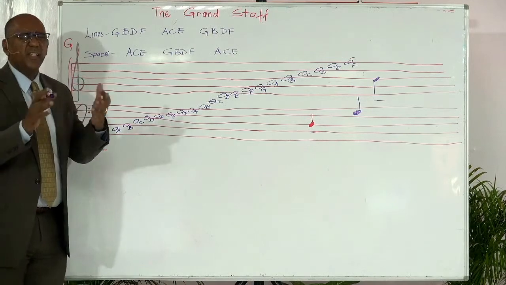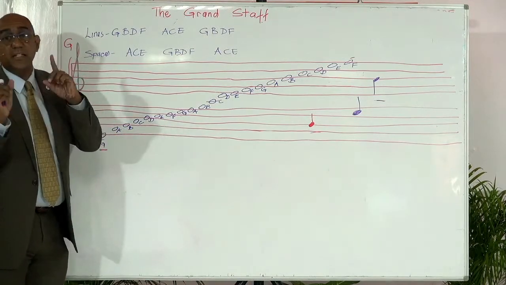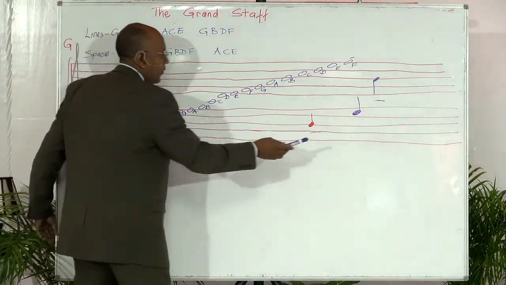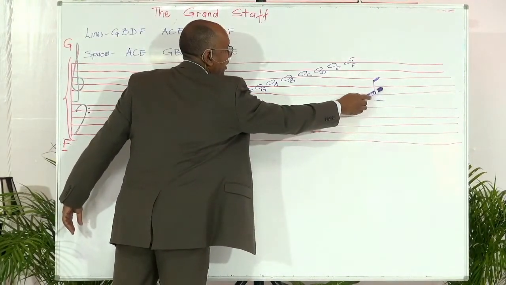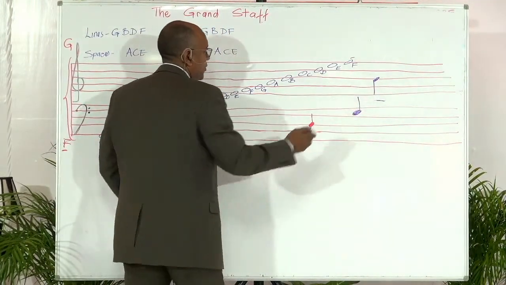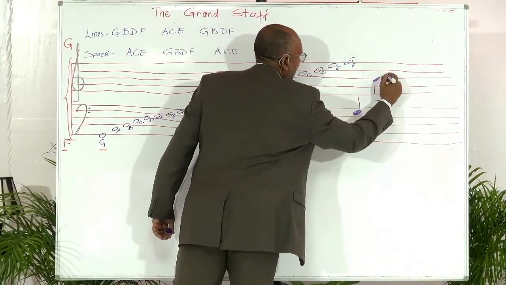So it's easy to make the mistake that it's not there. So we go up G, B, D, F, A, C, E, G, B. And that note will be B.